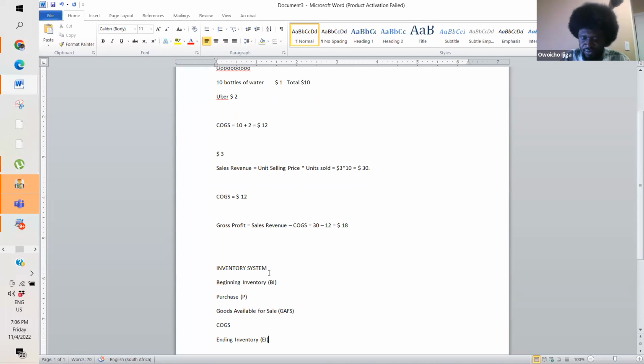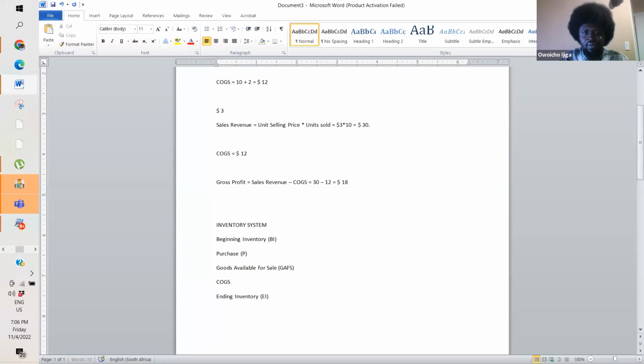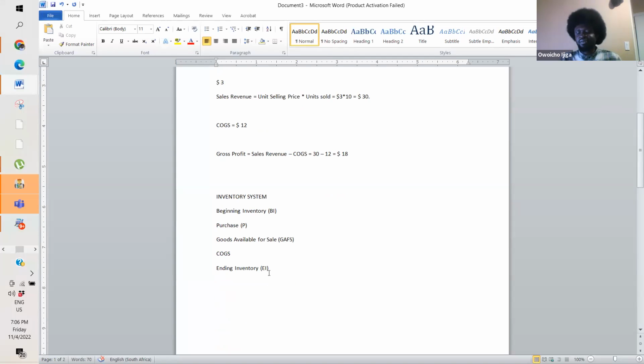Okay. I want us to understand these terms, because when we understand these terms, then we'll be able to understand today's problems efficiently. But if we do not understand them, then we will not be able to understand today's problem.